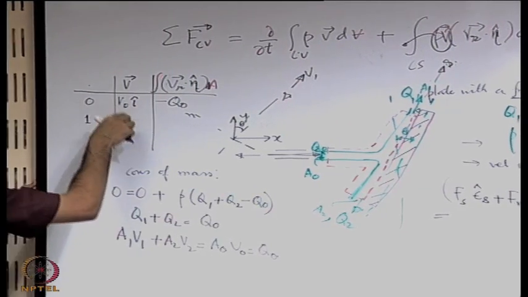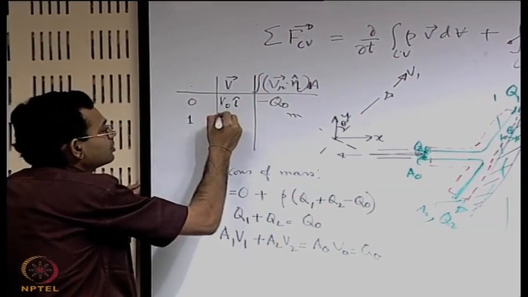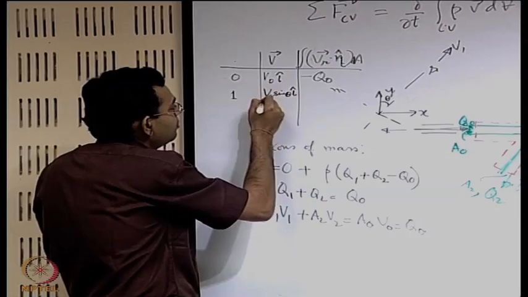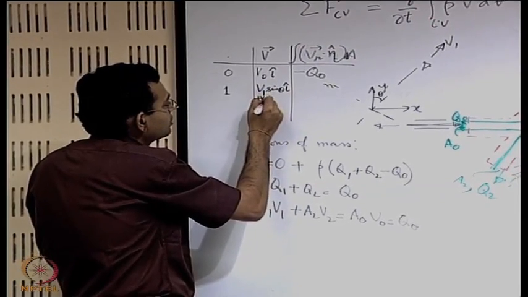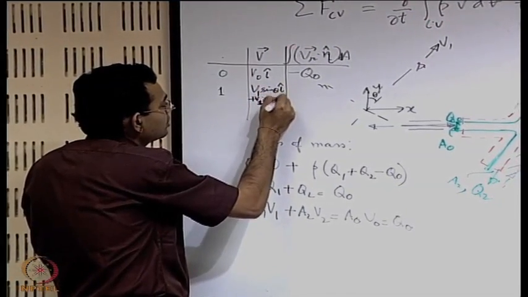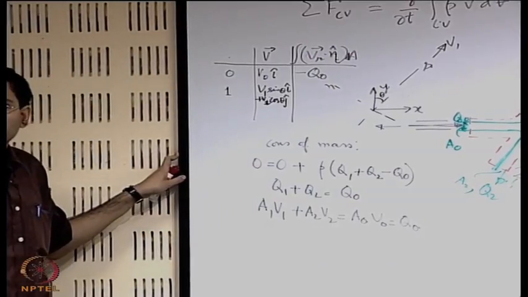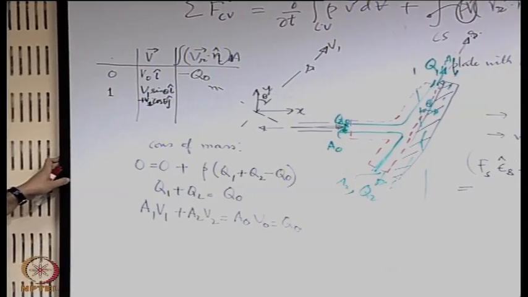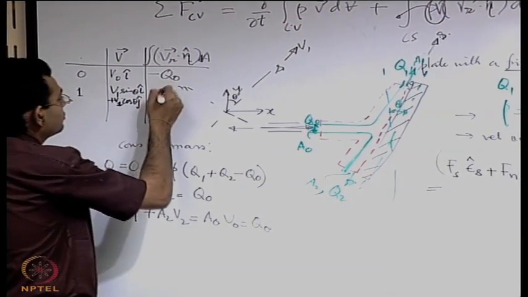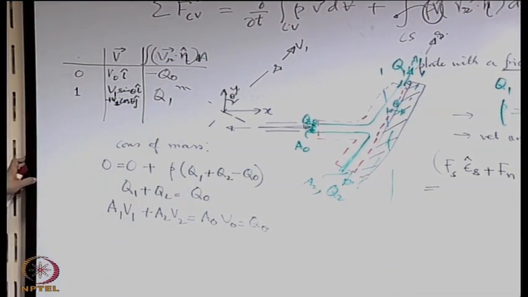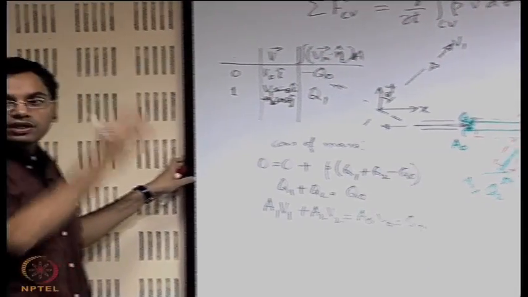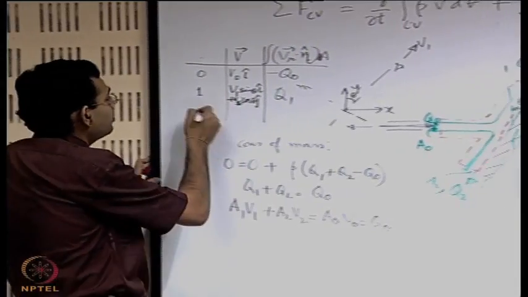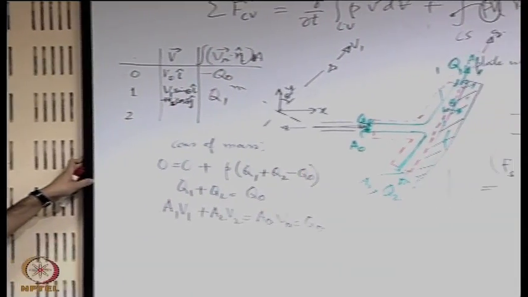So v1 will have components v1 sin theta i plus v1 cos theta j, right. What is V dot n dA here? It is q1, because the flow direction and the unit vector out of the area are oriented in the same sense. For the surface 2, what is V?